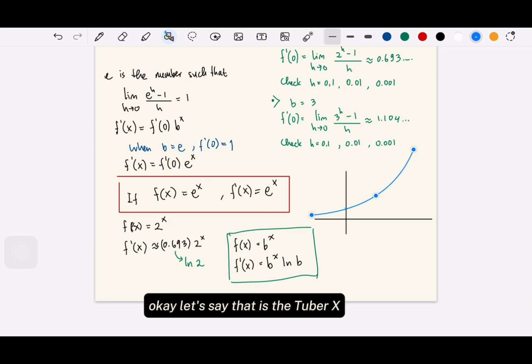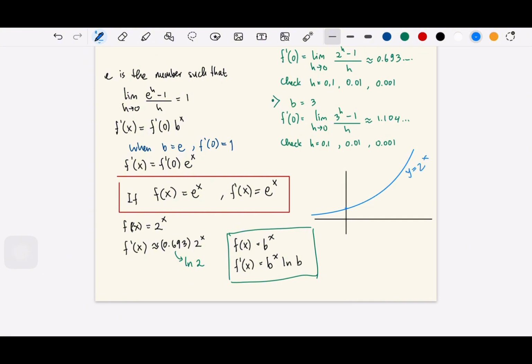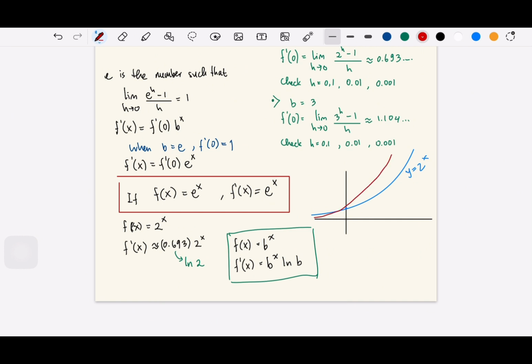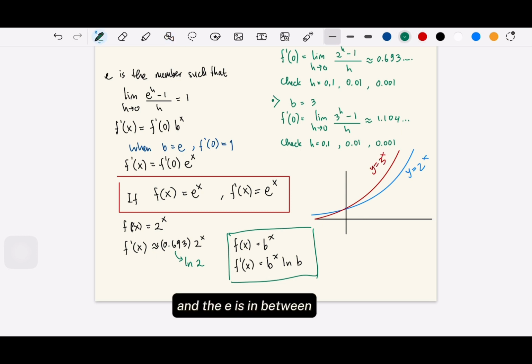Okay, let's say that is the 2 power x, and then we have, let's say this is the 3, and the e is in between.